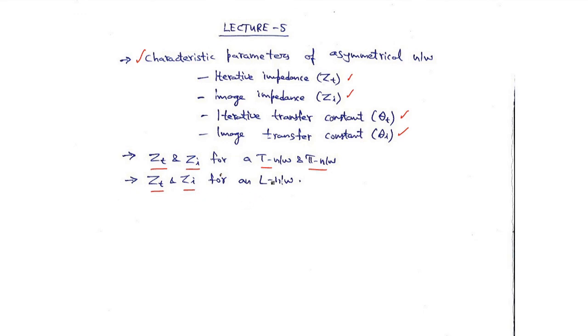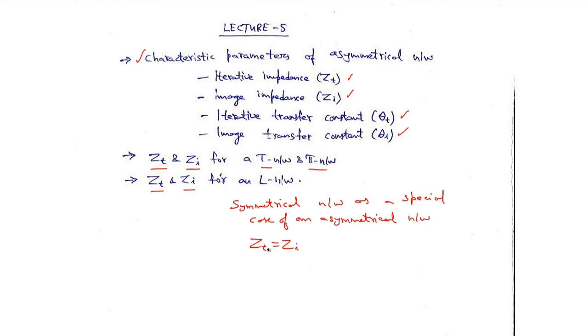Also we have seen a symmetrical network as a special case of an asymmetrical network, and we have seen that in that case the iterative impedance ZT will become equal to the image impedance ZI.